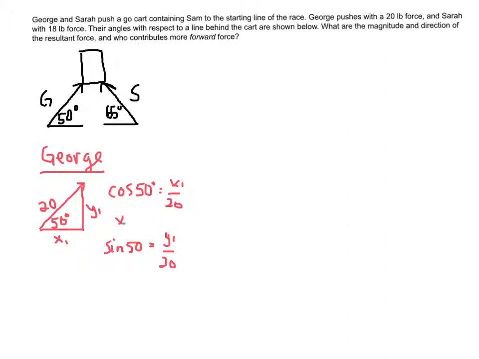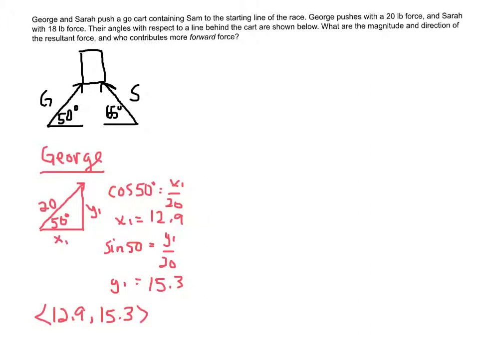So I'll type these into my calculator, and I get 12.9 for x1, and I get 15.3 for y1. So my x and y components for George's vector are that he's pushing in the horizontal direction 12.9 pounds of force, and vertically 15.3 pounds of force.